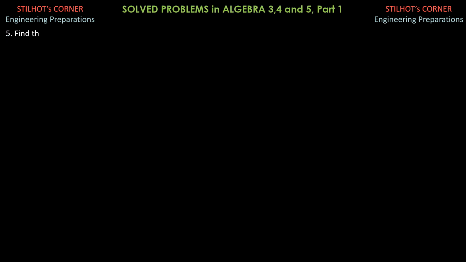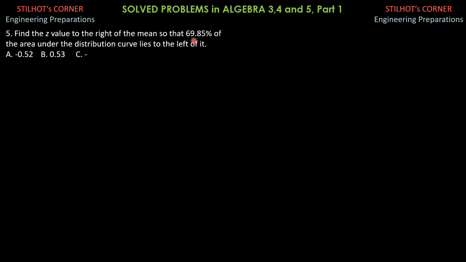Problem 5. Find the z value or z-score to the right of the mean so that 69.85% or 0.6985 of the area under the distribution curve lies to the left of it.